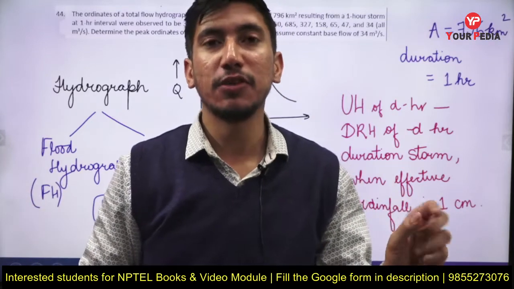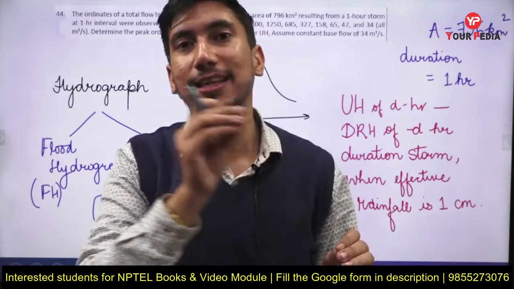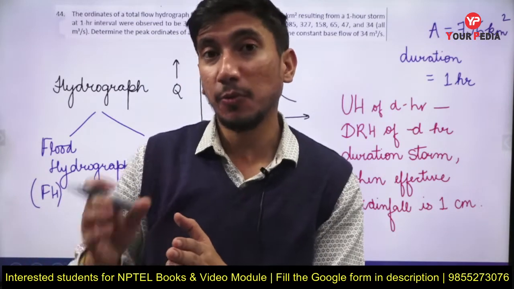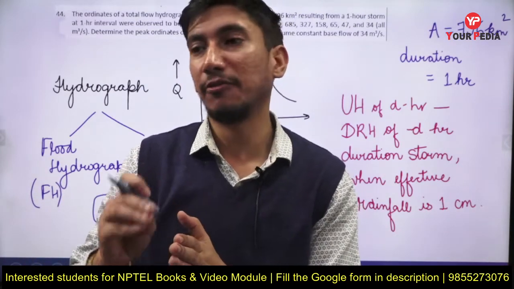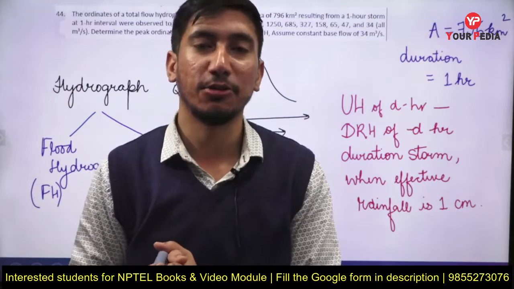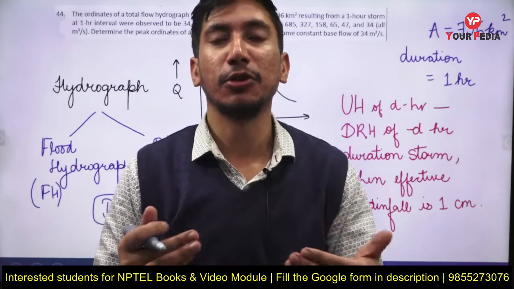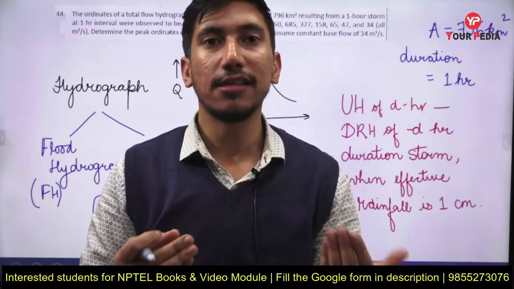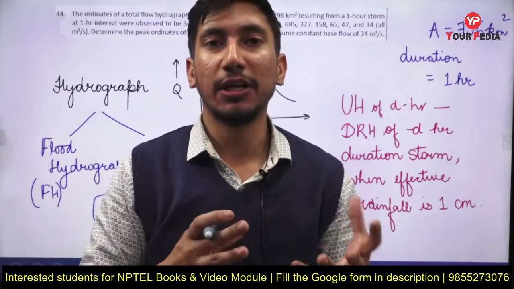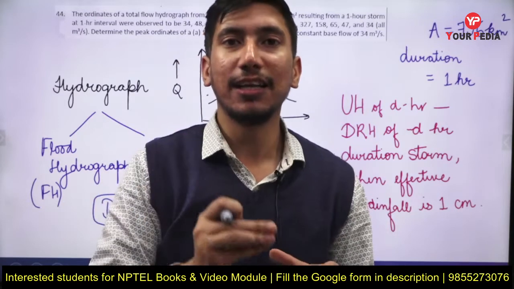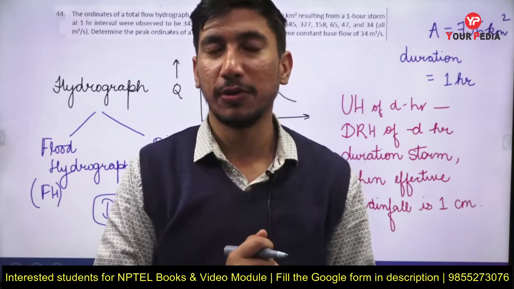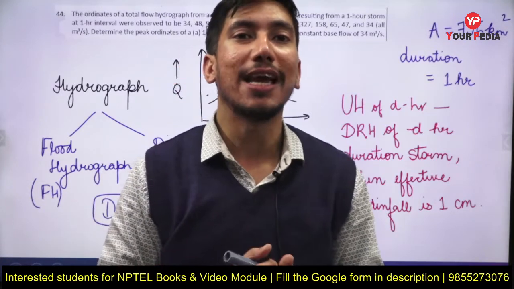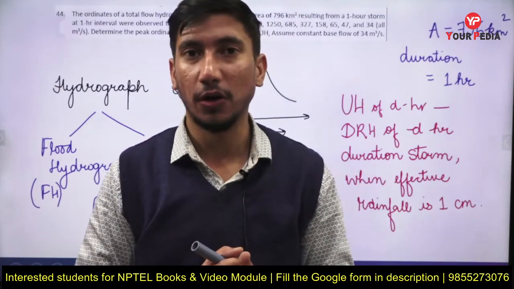The flow hydrograph is of 1 hour duration, so we can easily prepare the unit hydrograph of 1 hour duration. But from the 1 hour unit hydrograph, when we have to prepare the 2 hour unit hydrograph, we have to use the superposition principle or S-curve technique. In this case, since 2 is a direct multiple of 1, we can directly use the superposition principle and find the result very easily. Otherwise, we have to use the S-curve technique in order to find the ordinates.